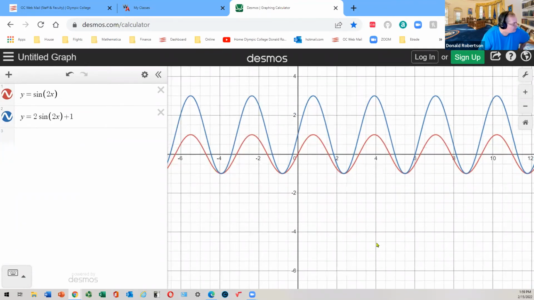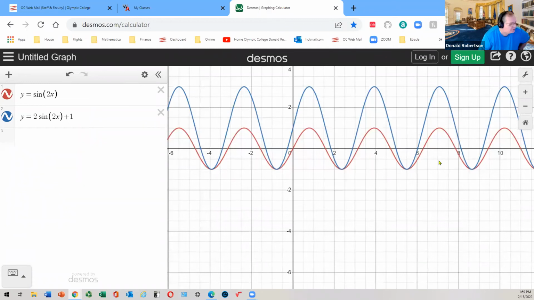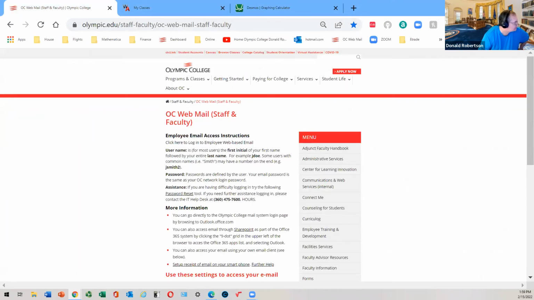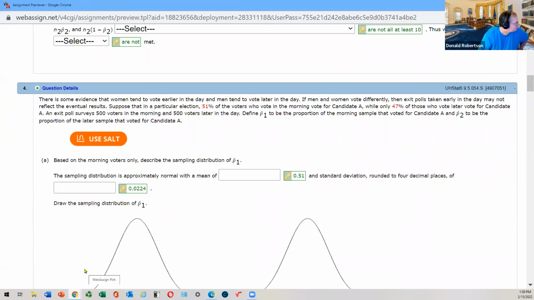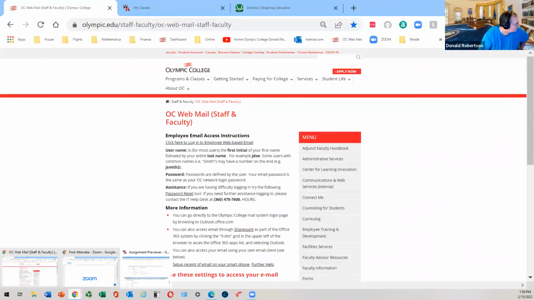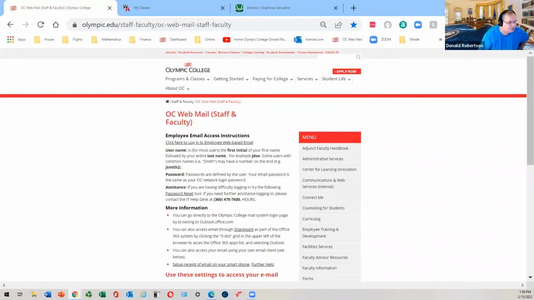Now, we would like to know where this guy is equal to that guy. Is that the sine of 2x? Let me double check that. I want to make sure I've got the right question. Okay, I believe it is the sine of 2x, and it is. Okay, I was right after all.